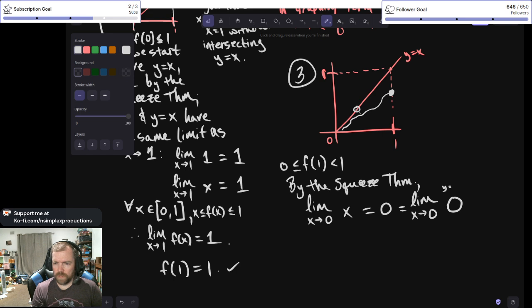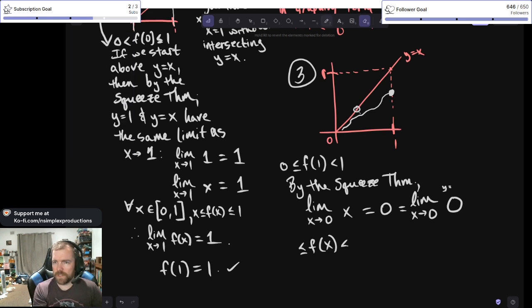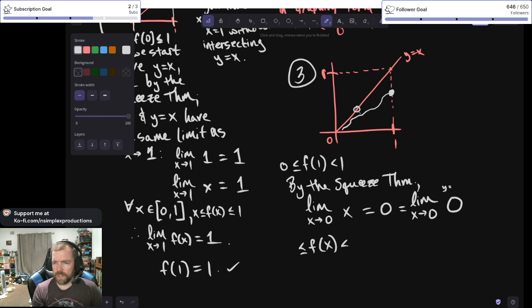And we know that our function of x must be strictly less than x and greater than or equal to 0 at all times. Technically, by the squeeze theorem, if this were equal, then we've already proven what we wanted to prove in the first place, so we don't need to do that.